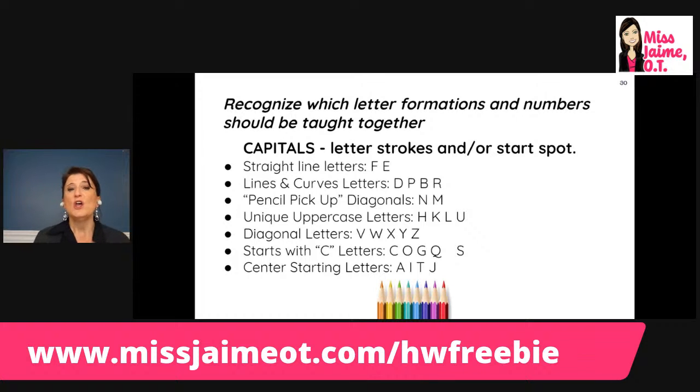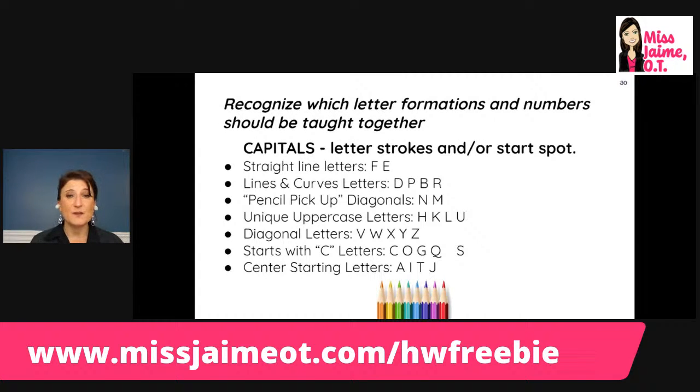So for example, F, E, D, P, B, and R, we're teaching our kids to start at the top. They do a line down, and then they've got to pick up their pencil and go back to the top to finish the letter. So they start, and then the sequence is that they pick back up and go back to the top. For N and M, it's the same thing. They start at the top, they go down, then they have to pick up their pencil to go back to the top and finish the letter.